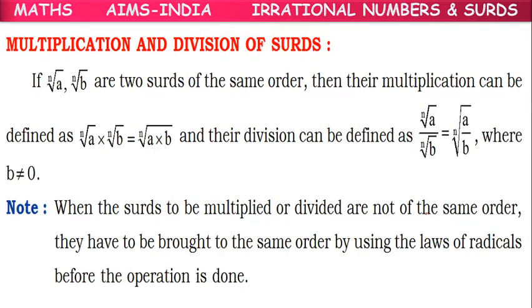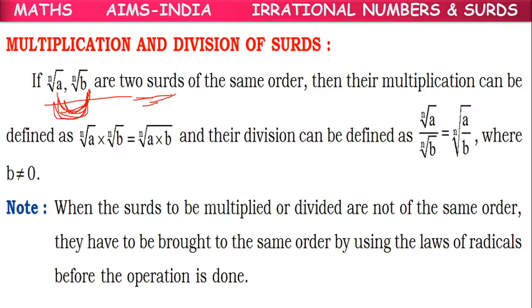Next, multiplication and division of surds. If nth root of A and nth root of B are two surds, it need not be compulsory that they are similar.